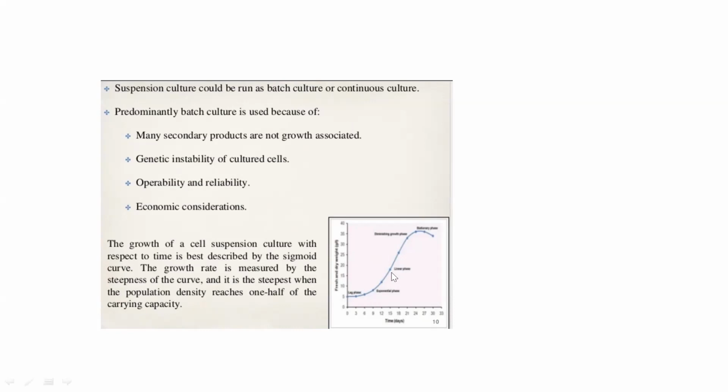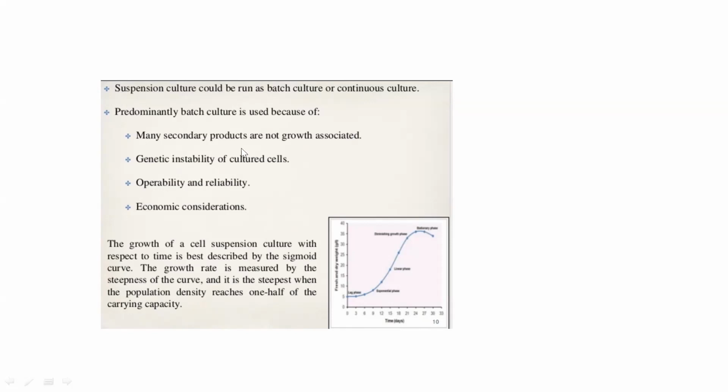You have a proper lag phase, a log phase, and a stationary phase. In batch culture a definite volume is used. Once the production is over, you have to empty the whole vessel and start freshly. You have to autoclave the vessel again. Everything has to be started fresh.